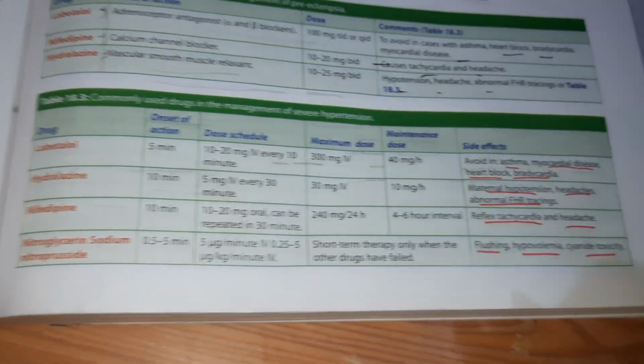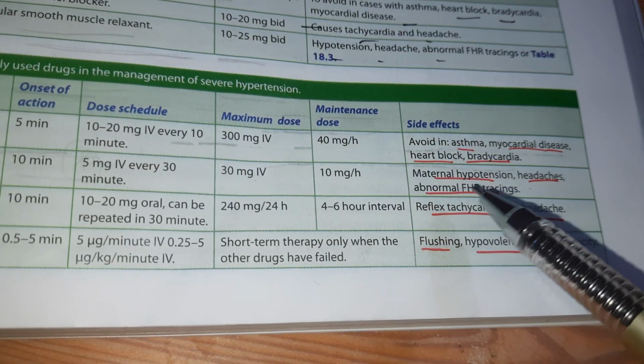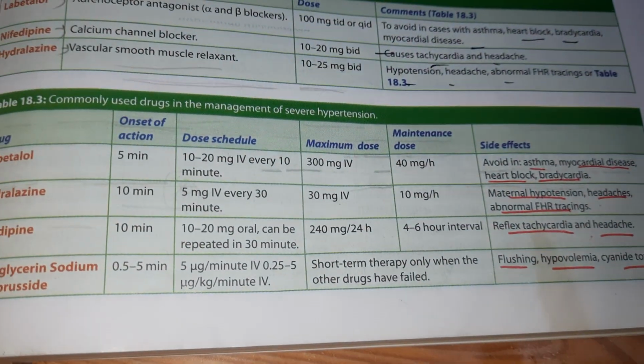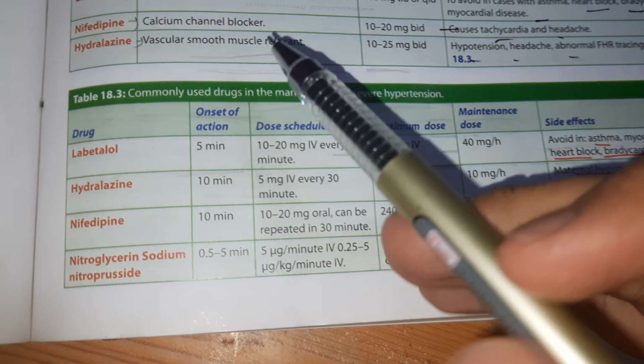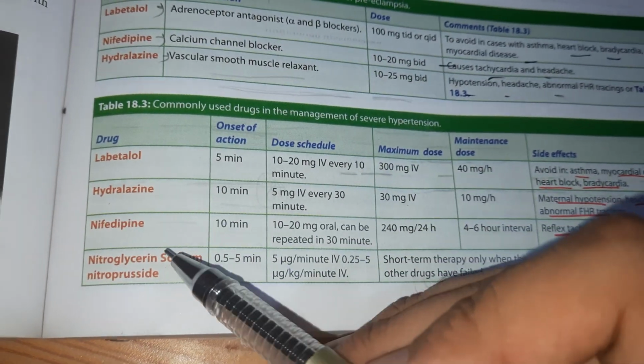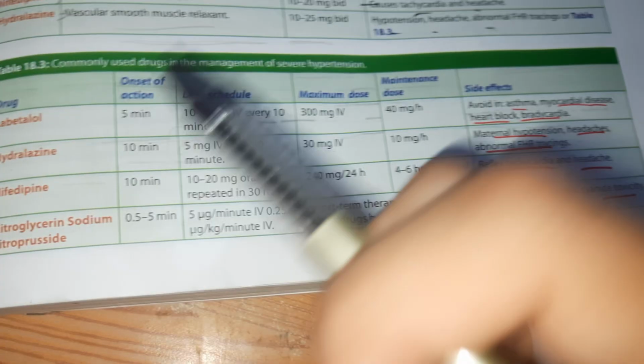Table 10.3 shows this. What does hydralazine do? It causes maternal hypotension, headache, and an abnormal fetal heart tracing. These are the drugs used in severe hypertension. Again labetalol, hydralazine, nifedipine are the same. Next we have nitroglycerin and sodium nitroprusside.